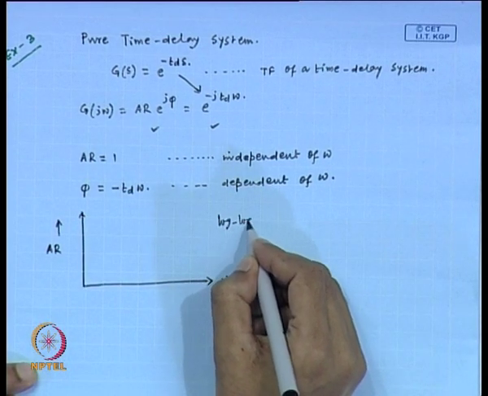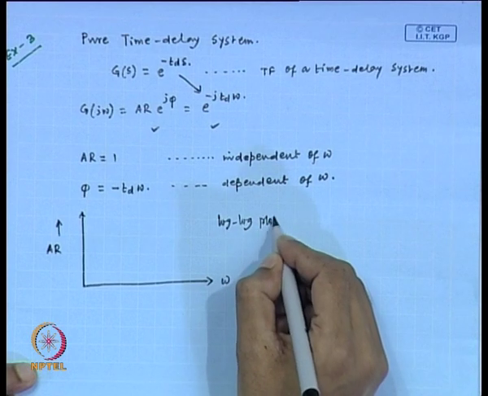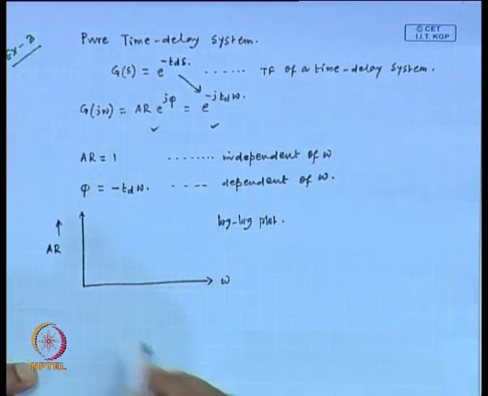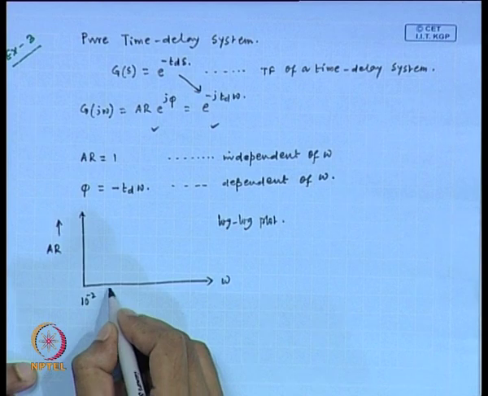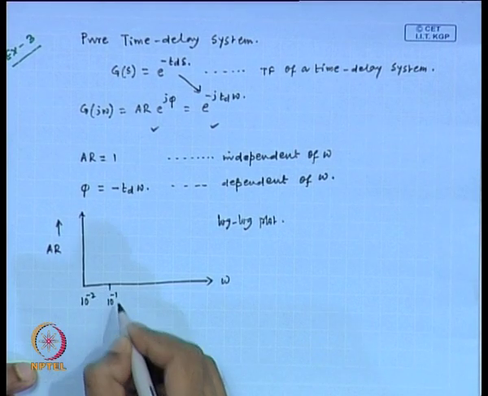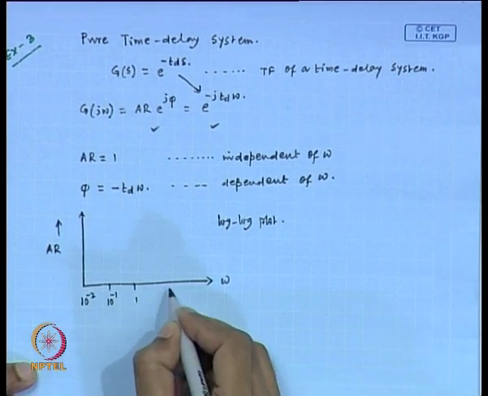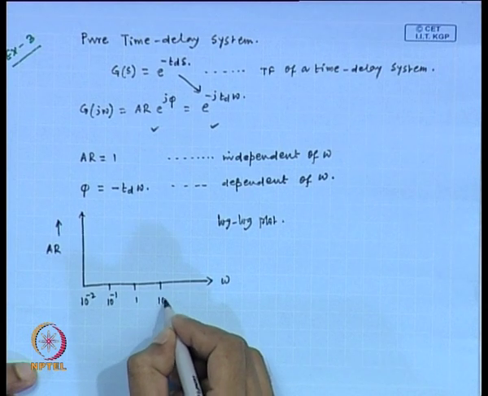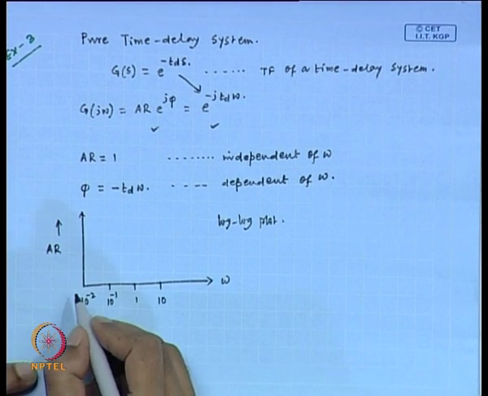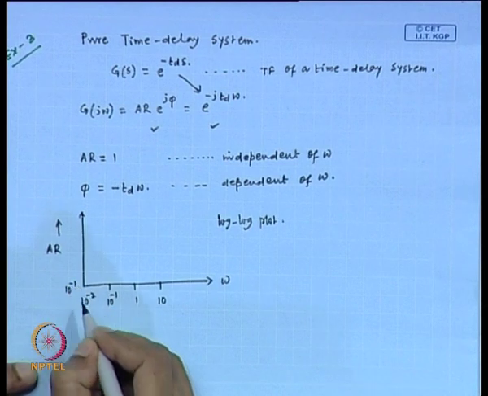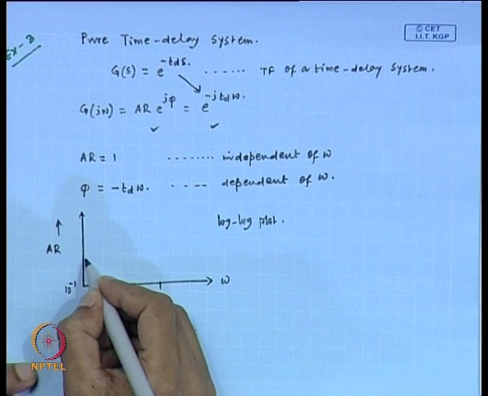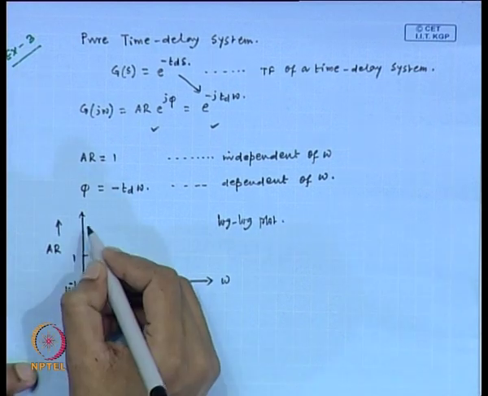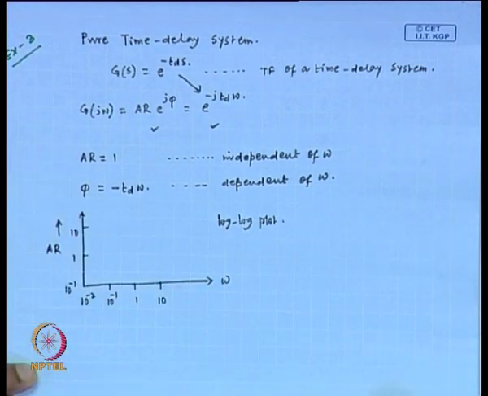This is log plot. So, the x axis starts from 10 to the power minus 2 to suppose 10, and this one starts from 10 to the power minus 1 to 10.